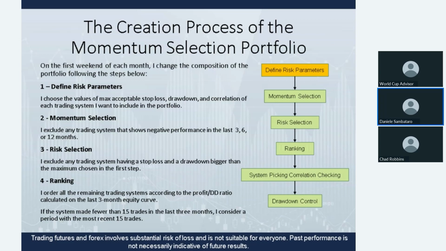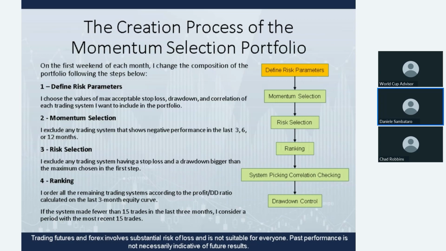So according to the capital I have in the account and according to my risk aversion, I choose the value of maximum acceptable stop loss, drawdown, and also the maximum value of the correlation of each trading system I want to include in the portfolio.